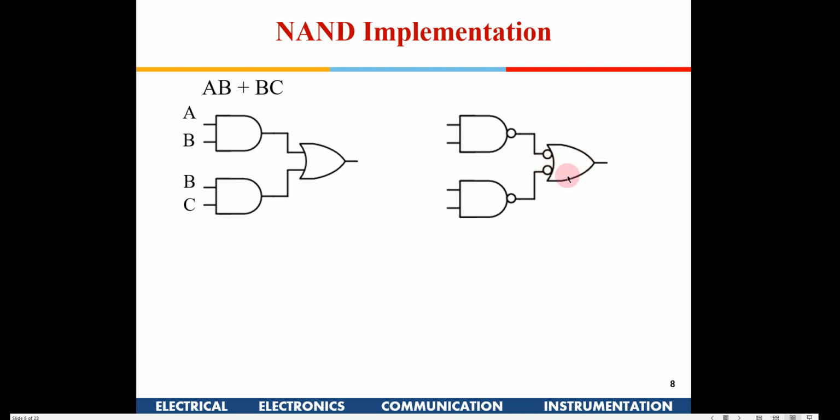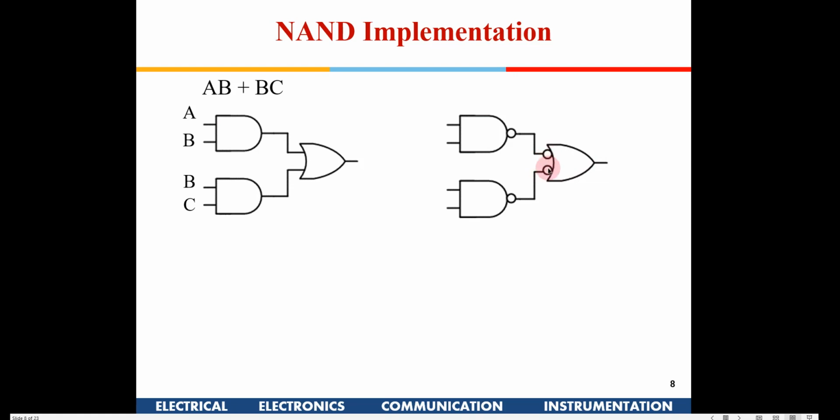If you remember the duality principle, we learnt that if we invert all the inputs, then AND will become OR and OR will become AND. Here also, if the inputs and output are inverted, then an OR can be replaced by an AND.